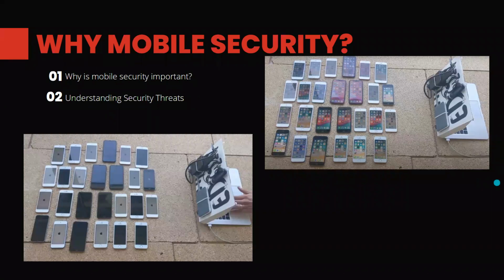So, understanding security threats on mobile. For most of us, as I said, our lives are stored within mobile devices. Social media accounts, bank accounts, memorable photos, private texts, calls, and more are all at risk of being accessed without your permission. Fortunately, there are preventive actions for this threat.